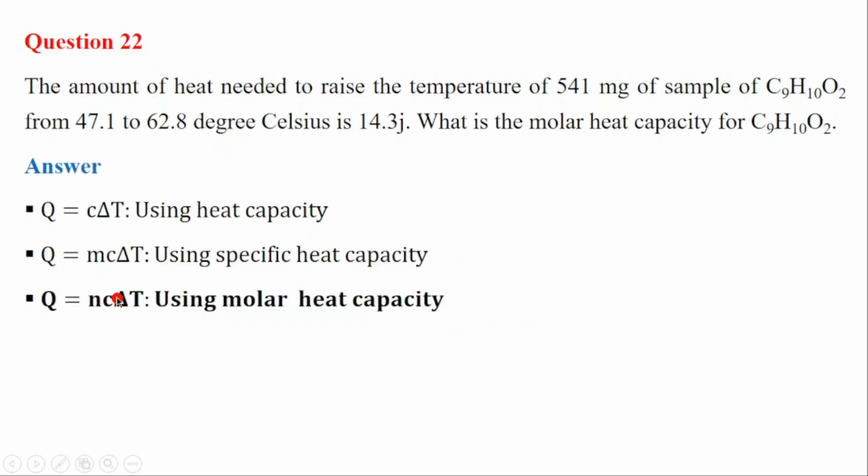We have the heat that was given as 14.3 joule. We don't have the number of mole, but we can calculate it from the mass. The number of mole is equal to the mass divided by the molar mass. But we need to change this mass into gram.